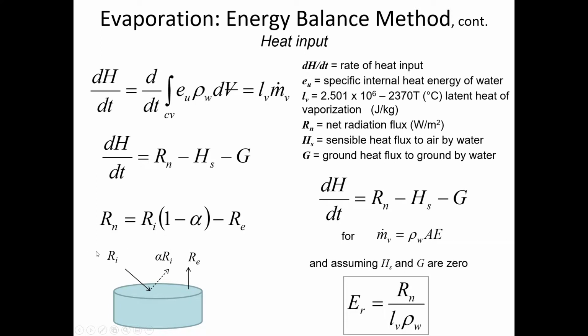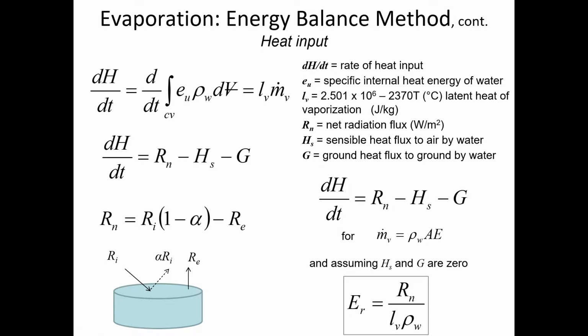R sub I is the radiation that's coming in, the incident radiation from the sun. And then you can see this dashed arrow would be the radiation that's being reflected. Alpha is a term that describes the reflectivity of the surface. It's called albedo.